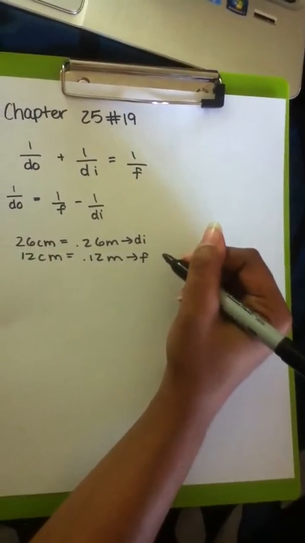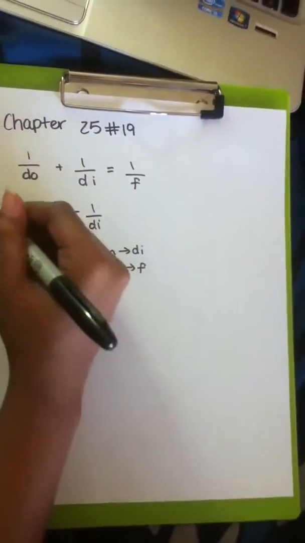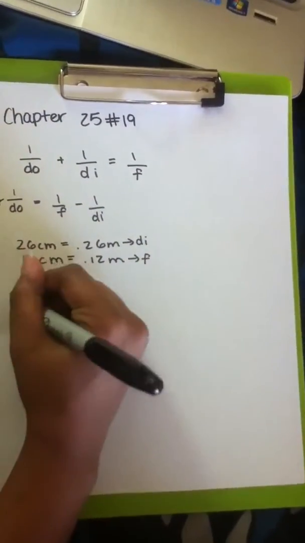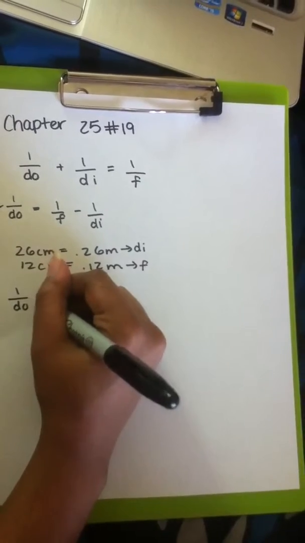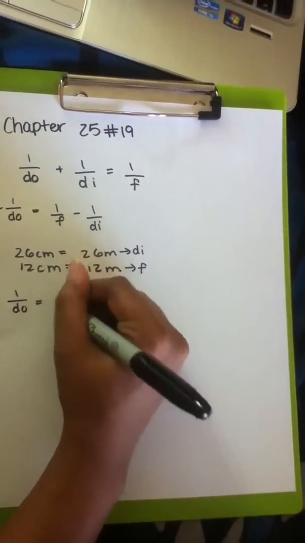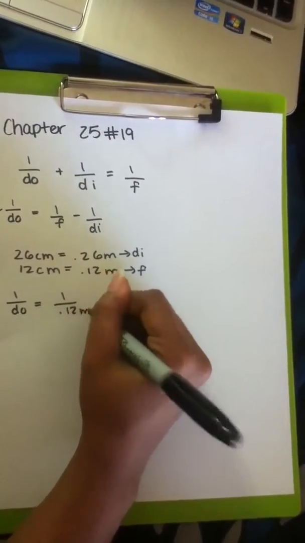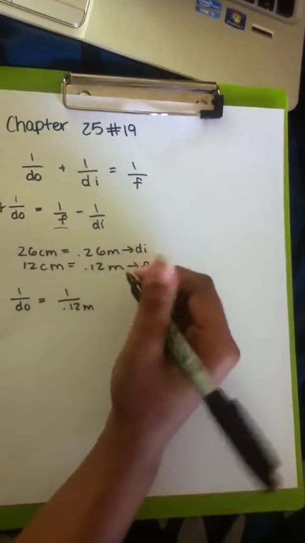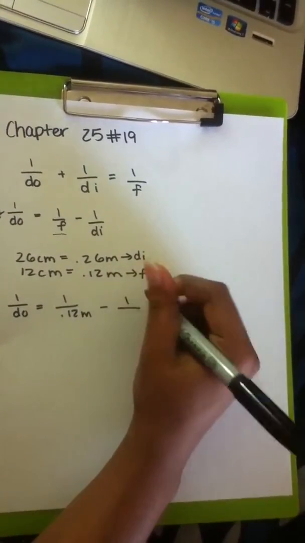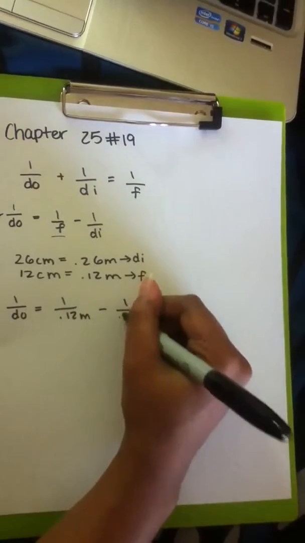Now, after this, all I have to do is plug in my values to this equation right here. So we are looking for the distance of the object, and so it will be 1 divided by 0.12 meters, the focal length, minus 1 divided by the distance of the image, or 0.26 meters.